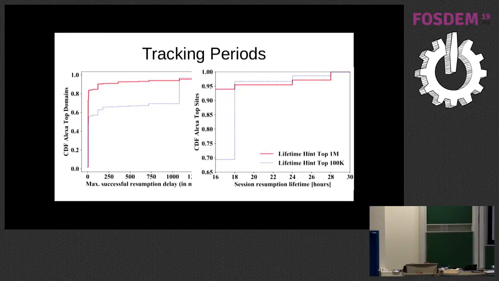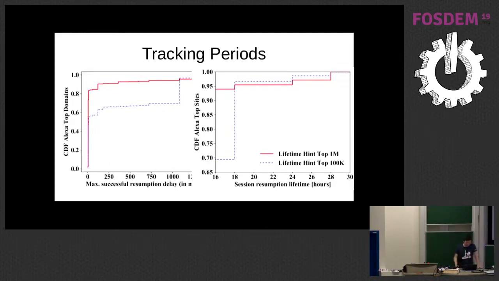So it turns out that the self-advertised tracking time is roughly 24 hours. There are a few exceptions. I think Google and Facebook had long tracking periods. And when you reconnect, you get a cutoff here at about 1,000 minutes or so, when clients tend to not send it back for whatever reason.